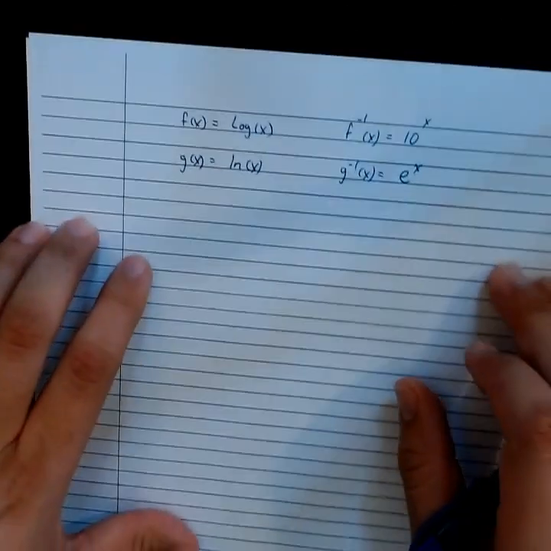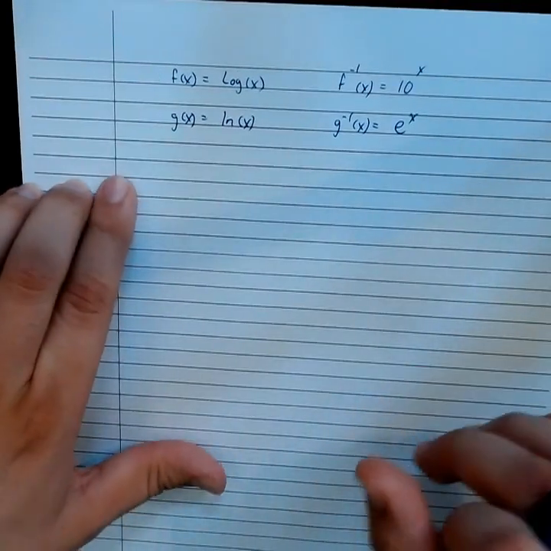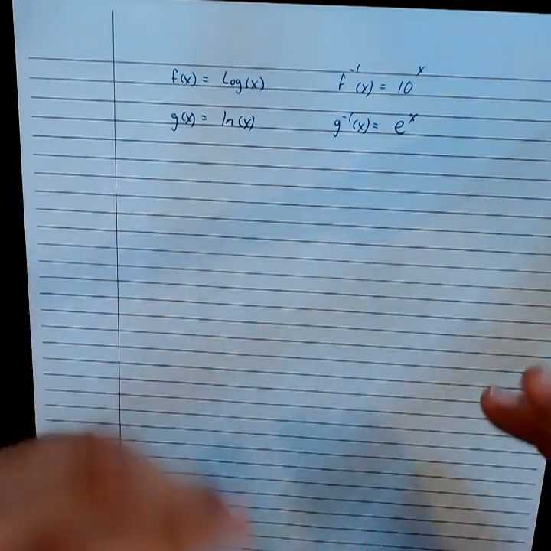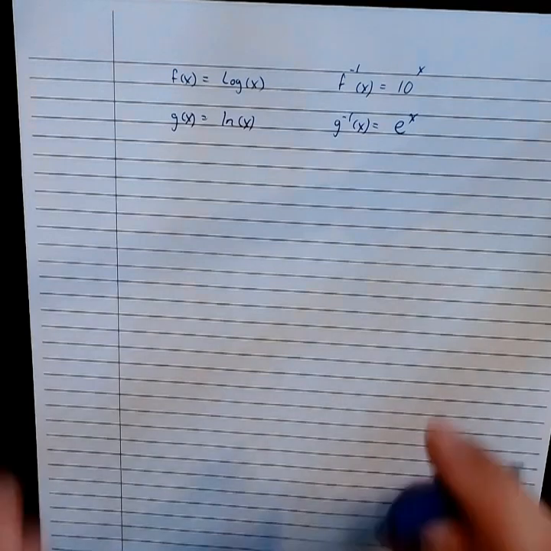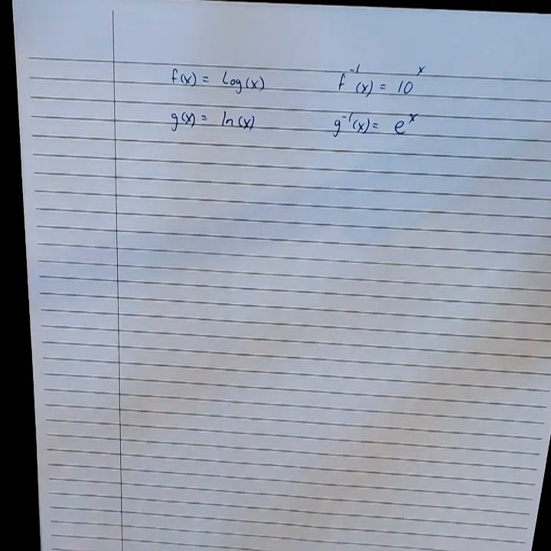So let's take a look at some graphs now. In some previous sections, we saw that a function and its inverse have a relationship when you look at their graphs. In particular, the graph of a function and the graph of its inverse are a mirror image of each other across the line x equals y, the diagonal line that crosses through the origin and has a slope of 1.